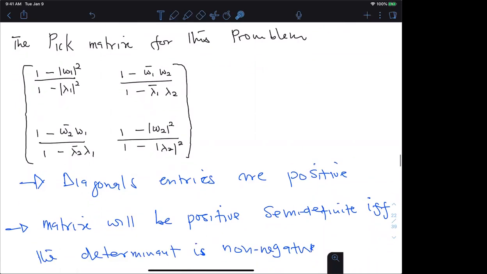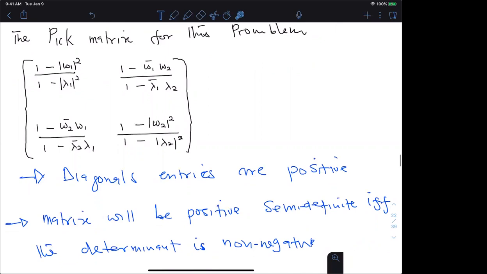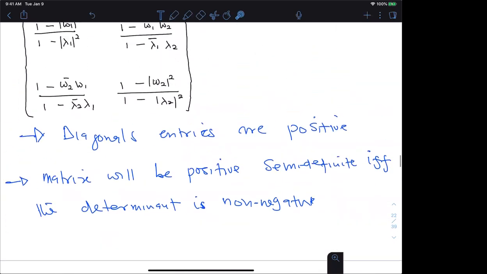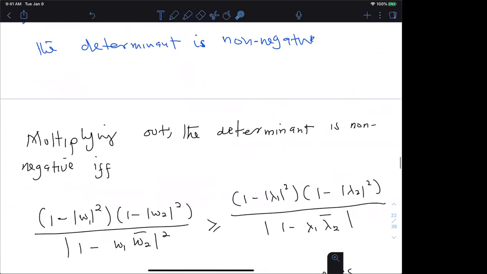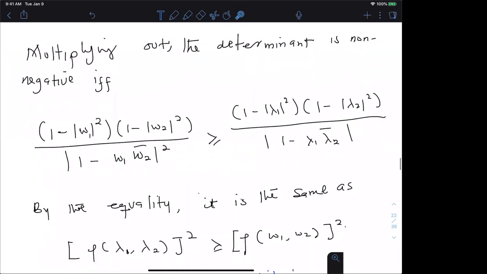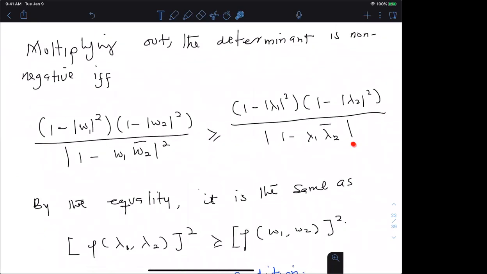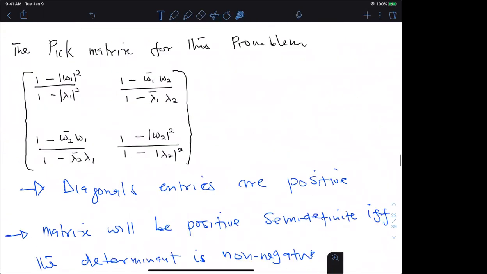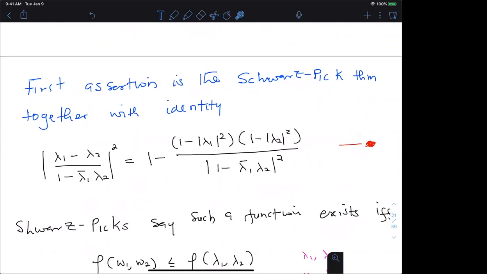So for this matrix to be positive semi-definite, we require that the determinant of the matrix be non-negative. So we multiply out this times this minus that times that, and we notice that the determinant is non-negative if and only if this condition holds. But this condition is closely related to the identity that we started with, just that this one is missing.